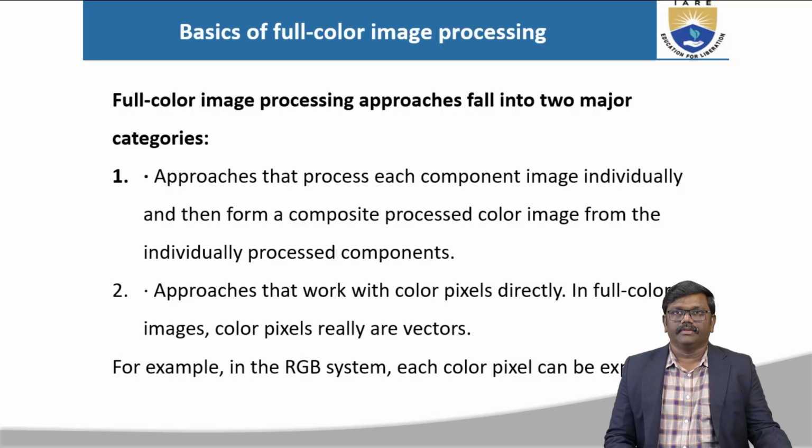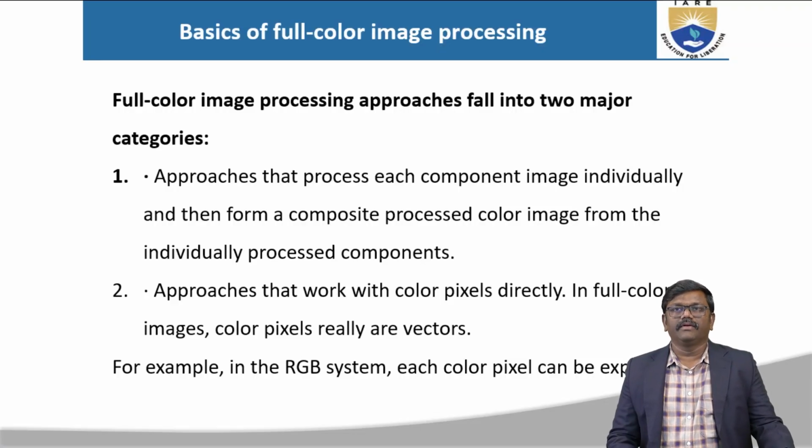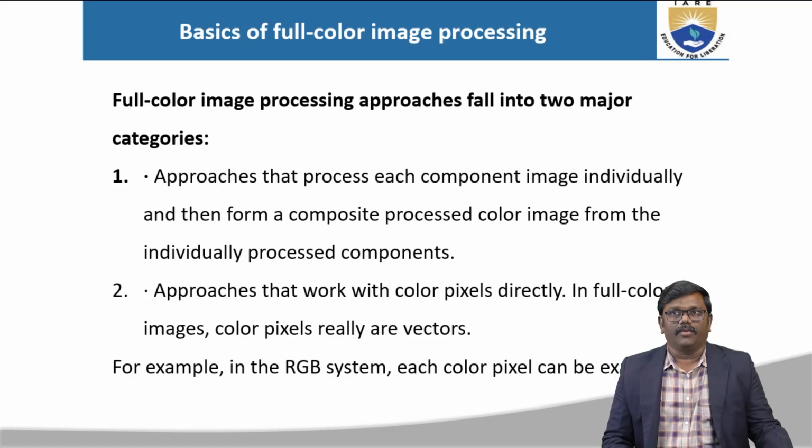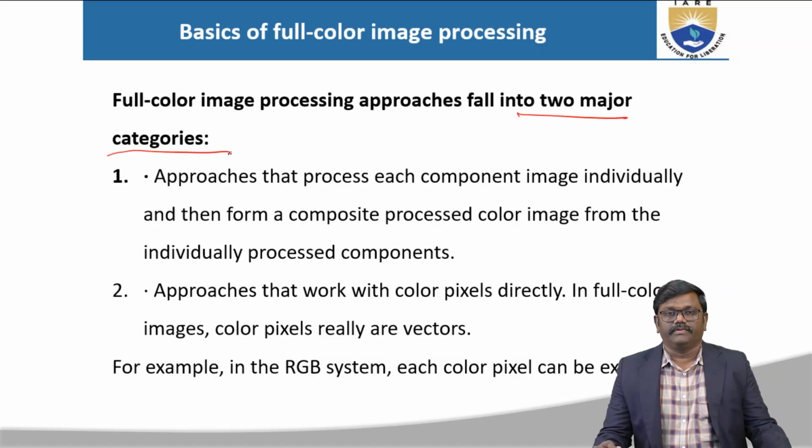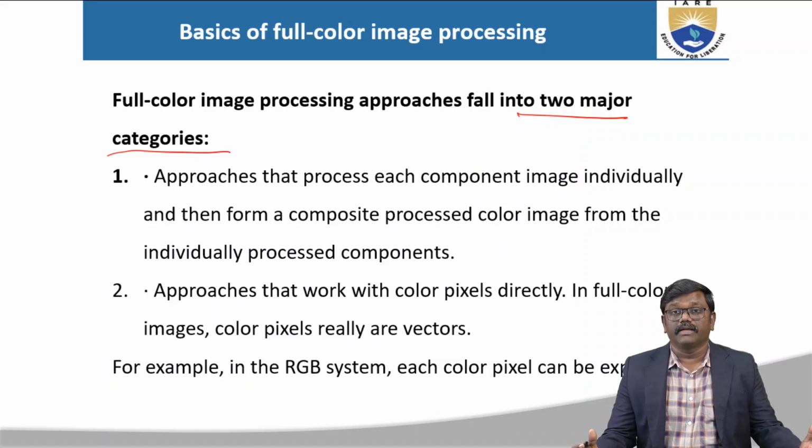Coming to the basics of full color image processing, approaches fall into two major categories. What are those two major categories? Number one, the approach that processes each component image individually and then forms a composite processed color image from the individually processed components.